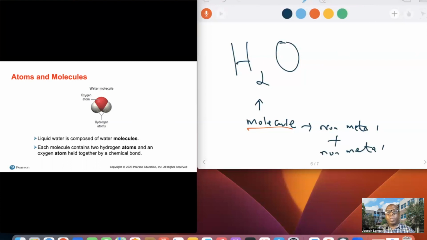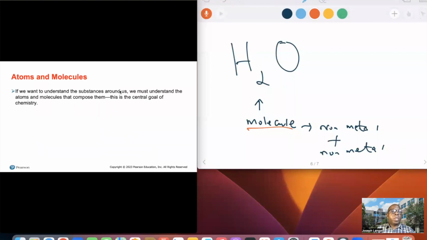Down the line, we're going to talk about different types of chemical bonds. In chemical bonding, we will talk about the covalent, the coordinate covalent, ionic, and metallic bonding. For now, just understand that a chemical bond holds atoms together in a molecule.